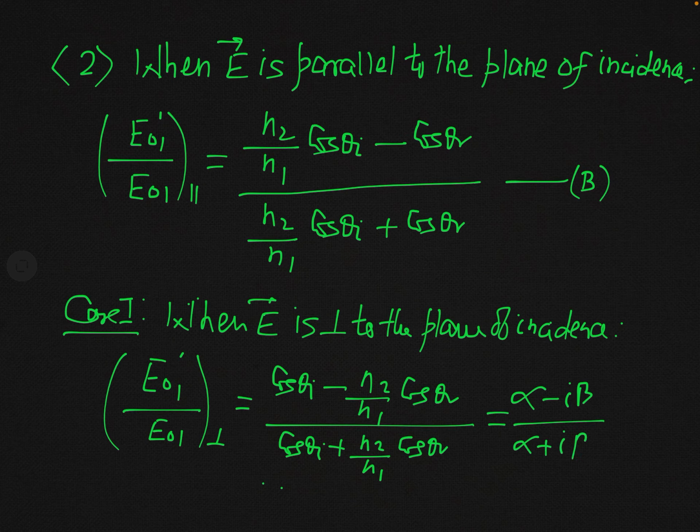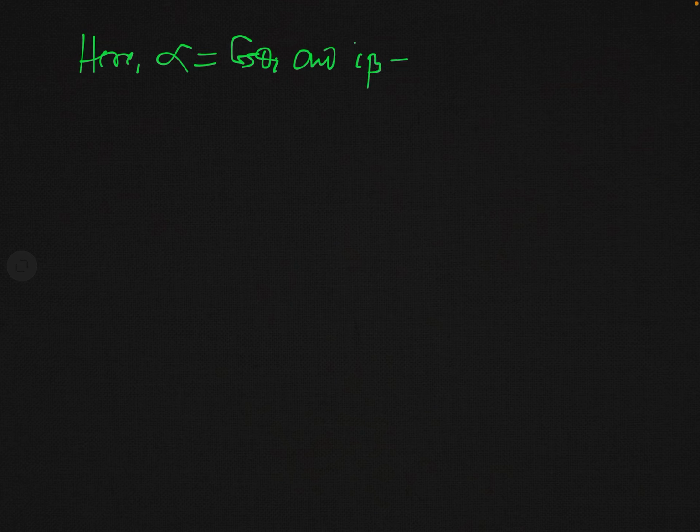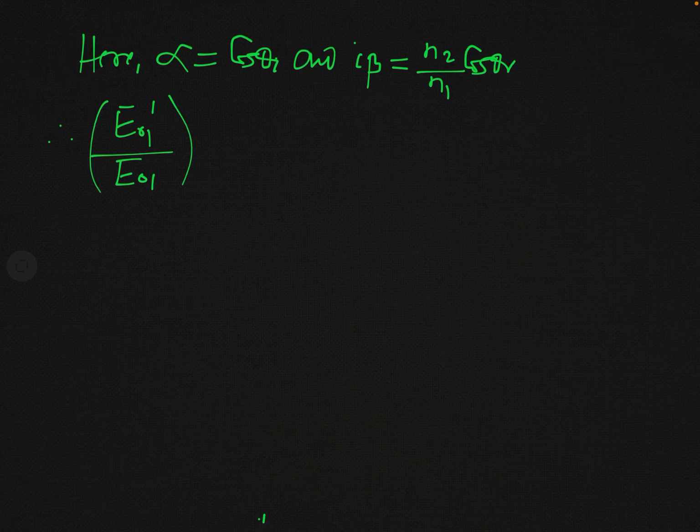We can write this expression on the right-hand side in this form: alpha minus I beta over alpha plus I beta. Here we have substituted alpha in place of cos theta I, and I beta in place of n2 over n1 cos theta r.